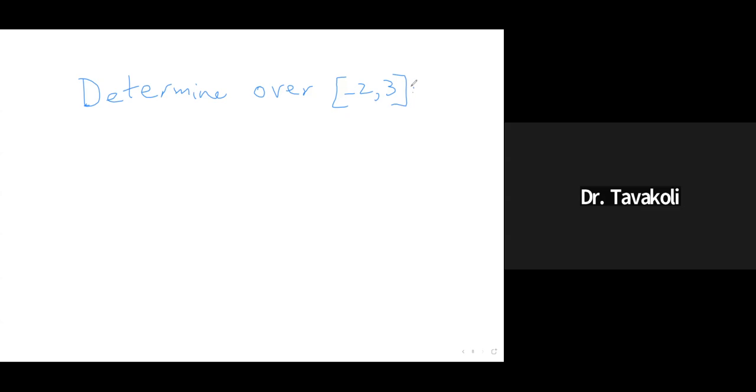Which function is bigger? Is x squared minus x minus 4 more than or equal to minus x squared plus x plus 8? Or vice versa? Is x squared minus x minus 4 less than or equal to minus x squared plus x plus 8? Which one?